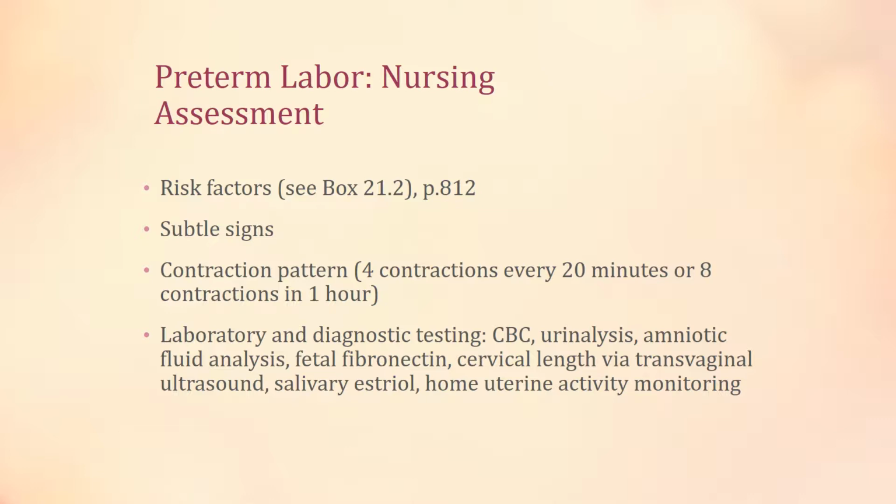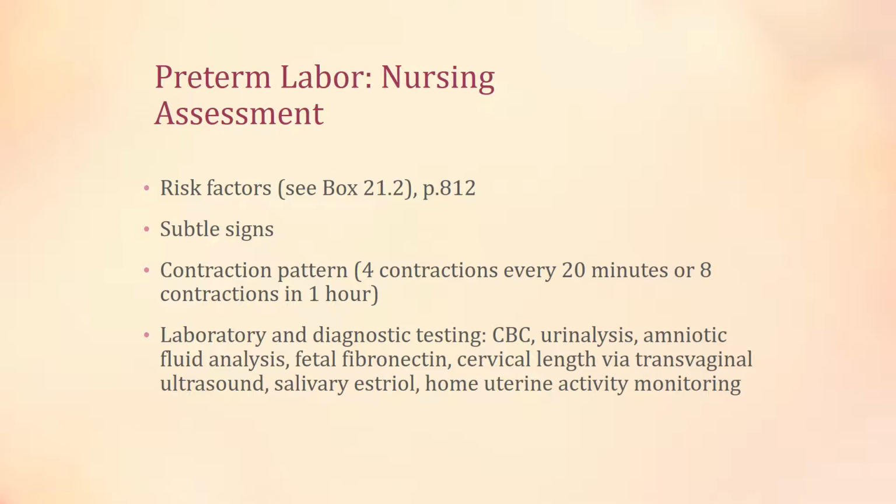We would do a CBC, a urinalysis, often an amniotic fluid analysis, a fetal fibronectin. For that particular test, she will need to have not had sex within the last 24 hours so that we can get an accurate reading. A cervical length via transvaginal ultrasound.